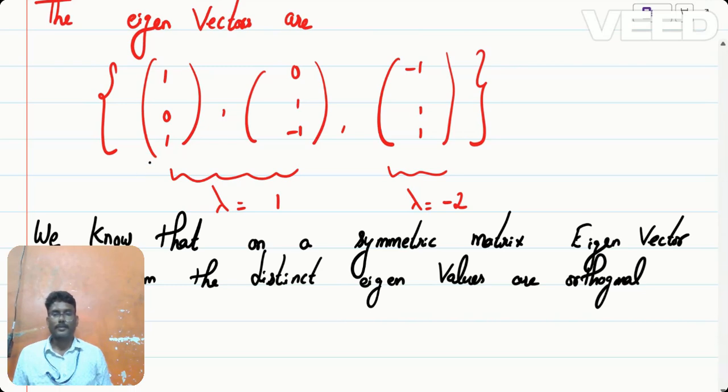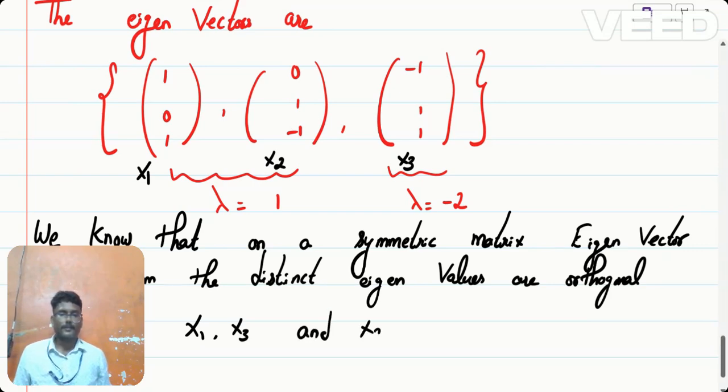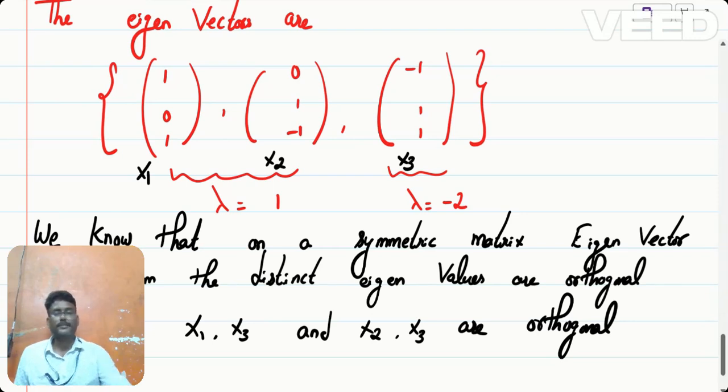Therefore, you can take these as x1, x2, x3. x1, x3 and x2, x3 are orthogonal, but x1, x2 need not be orthogonal.